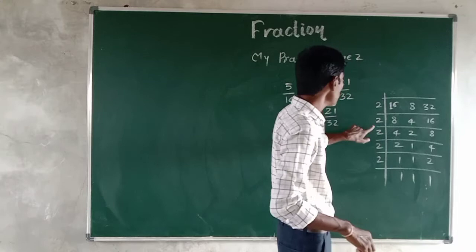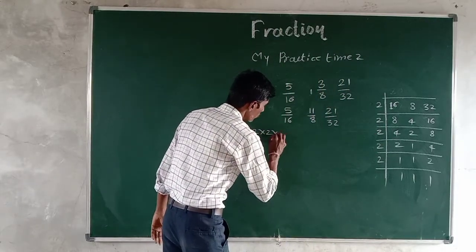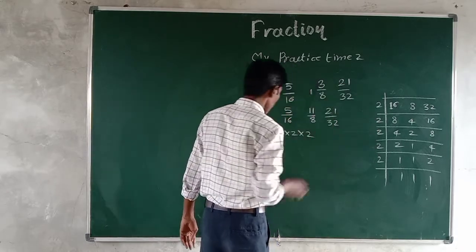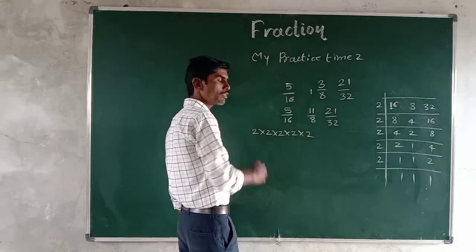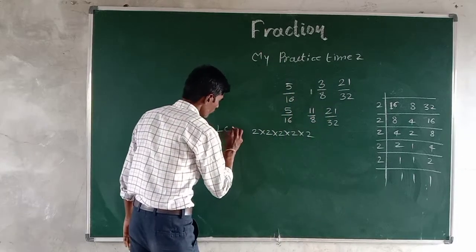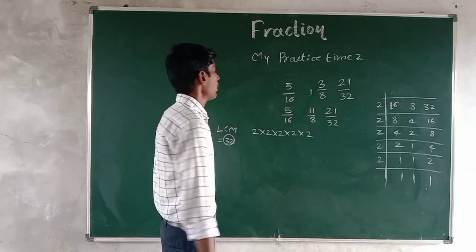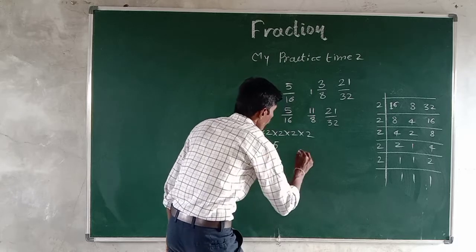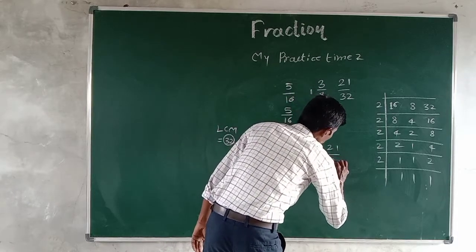So 2 into 2 into 2 into 2 into 2, that is 5 twos. 2, 4, 8, 16, 32. So LCM is equal to 32.